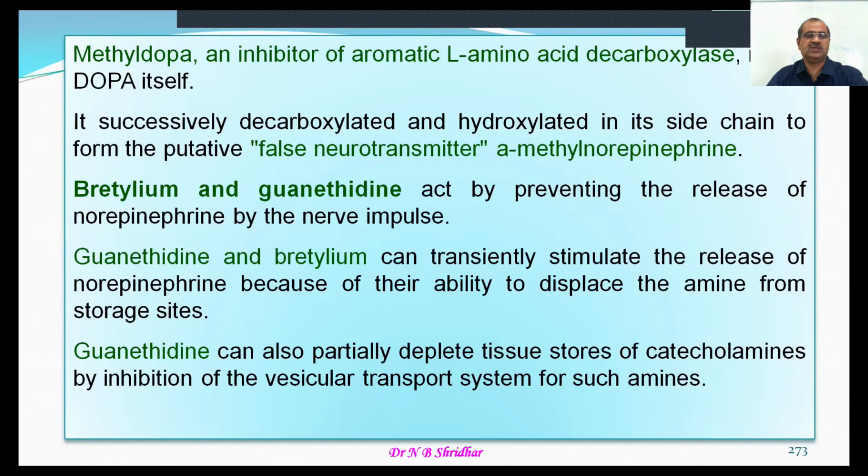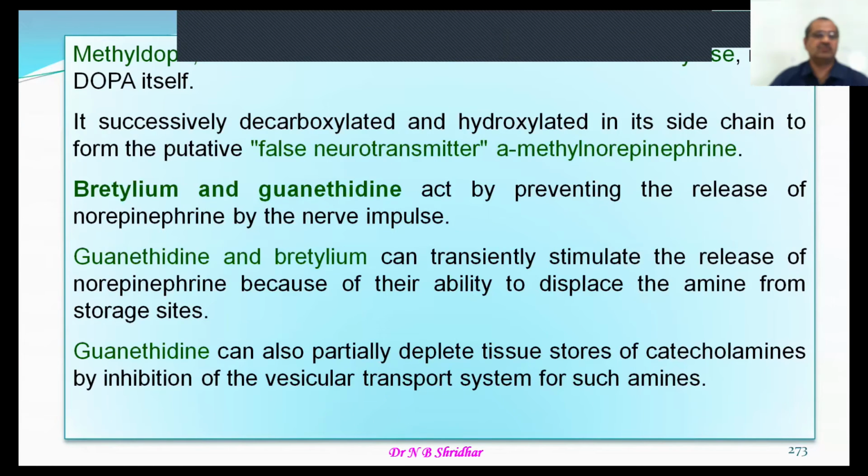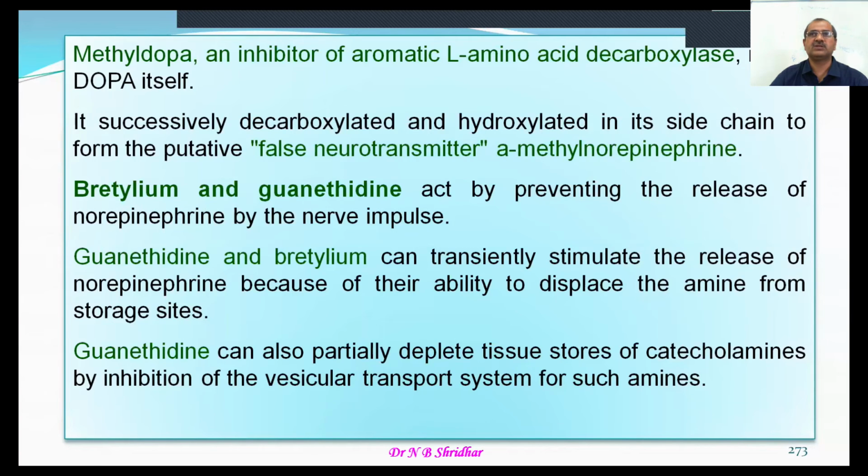They act by preventing the release of norepinephrine by the nerve impulses. So they are going to inhibit action. Whereas guanethidine can also potentially deplete the tissue stores of catecholamines by inhibition of the vesicular transport system for such amines, guanethidine and bretylium.